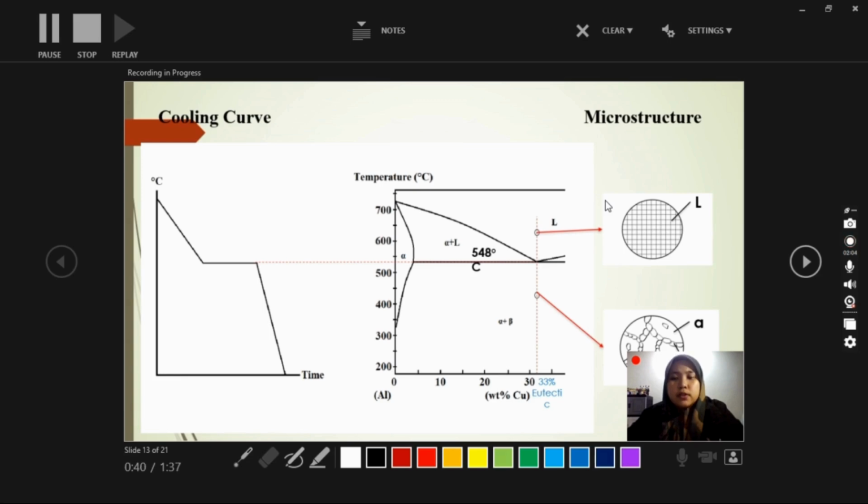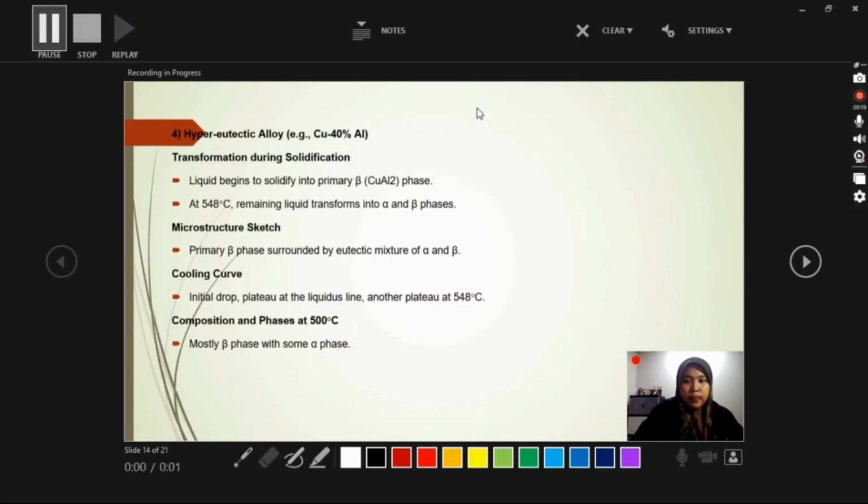For the composition and phase at 500 degrees Celsius, we show a composite of alpha and beta phase in a lamellar structure. When the composition of an alloy is placed to the right of the eutectic point, it is called hypereutectic.